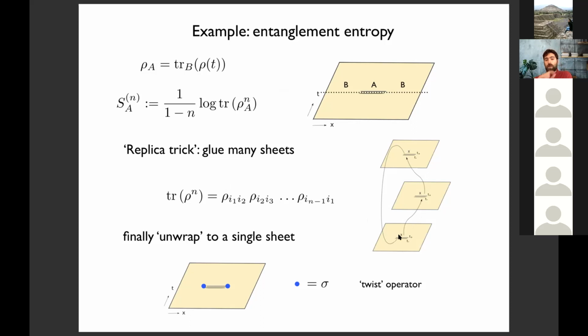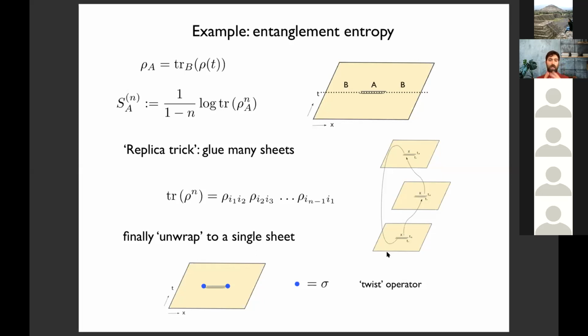So you open a small slit around each region you're interested in, and then you glue the upper lip of this slit to the lower one of the next one, and so on and so forth. And finally, you do the same thing with the first and the last copy, because this thing should be symmetric.